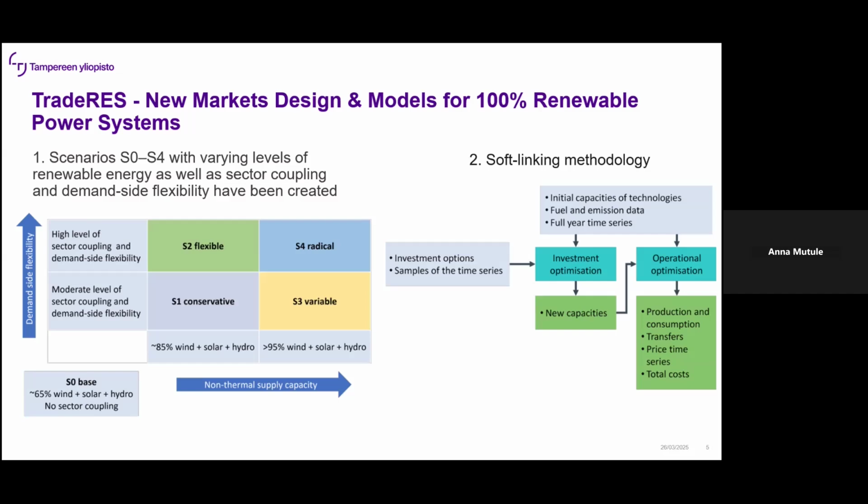To model this system, the open source Backbone framework, about which I already said a few words in the previous lecture, was used to optimize investments in new capacities.